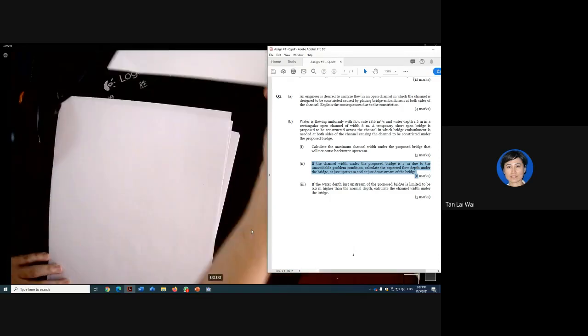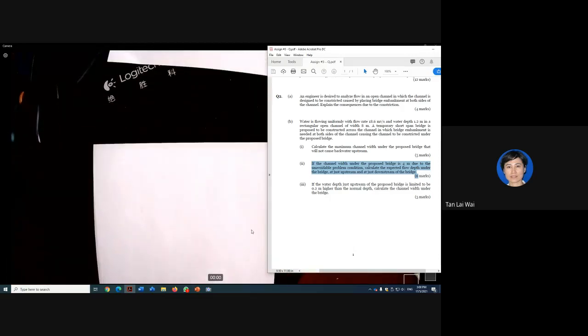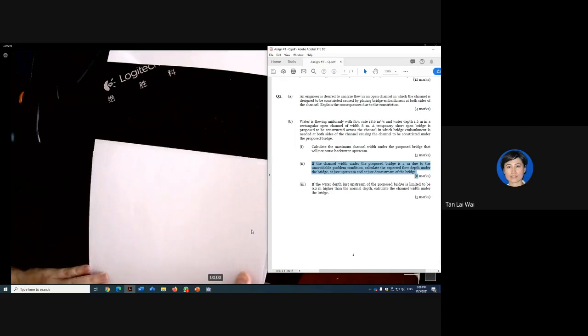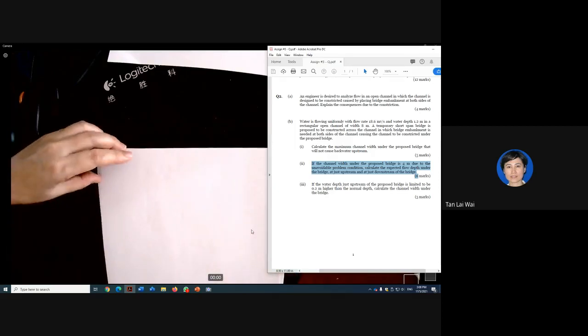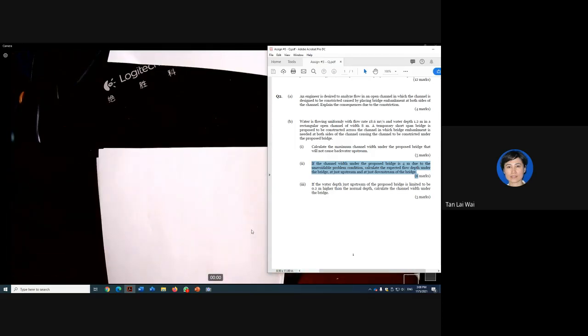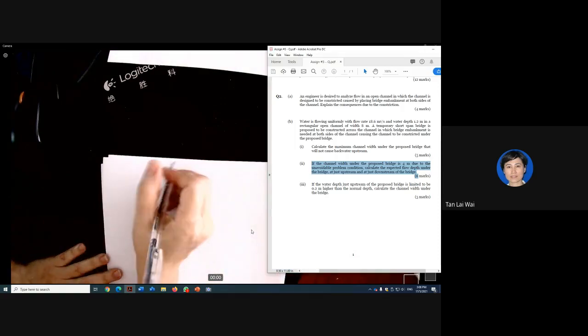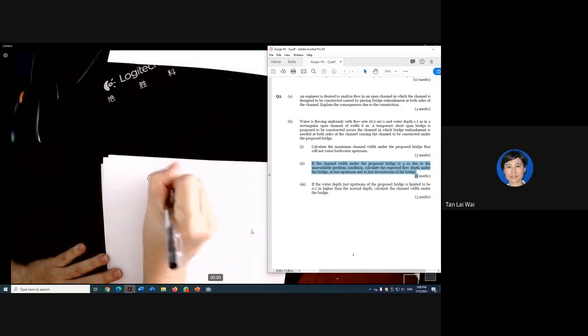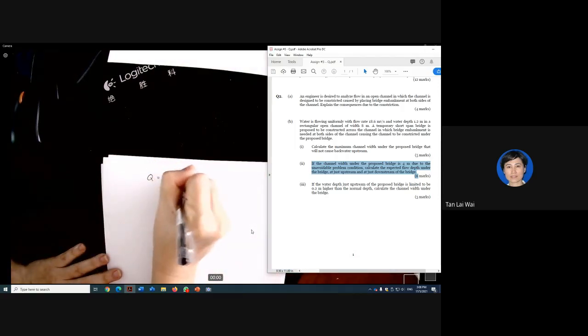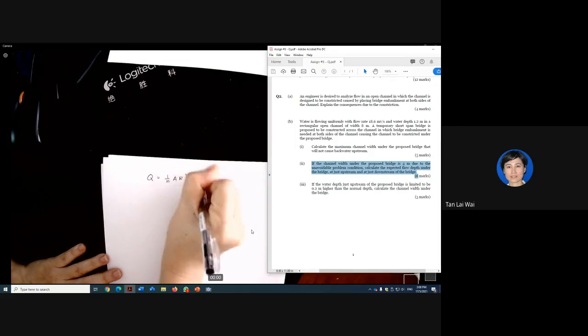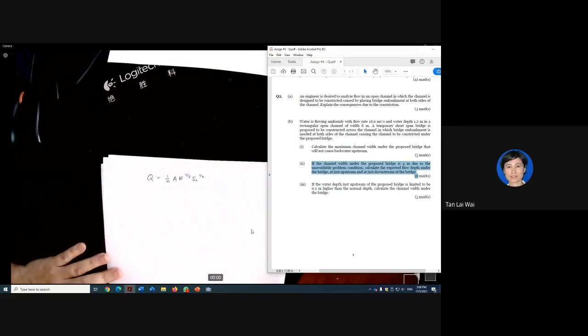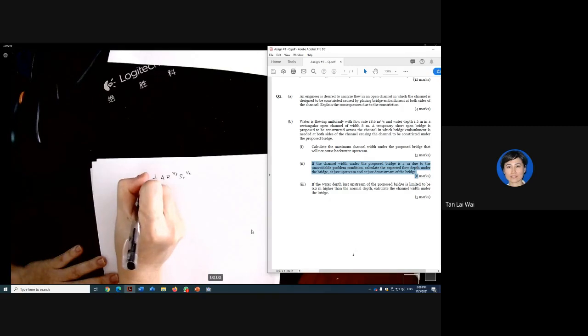Now, there's another thing that I want to ask. Indranjit asked me about the flow. What is the A that we are using? Here's the thing, you have this Manning equation. This would be Q of your drain.